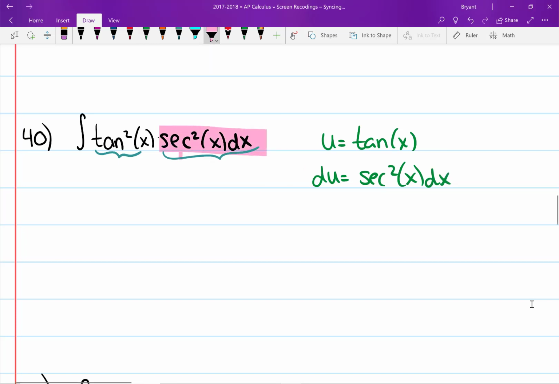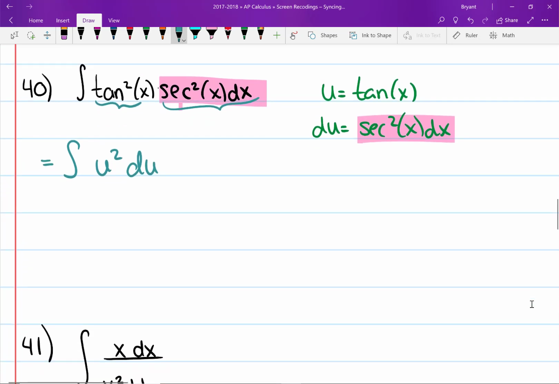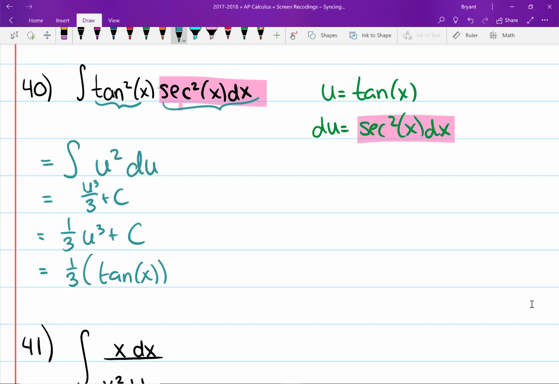Nice and easy, all nice and spaced out for me. So we get this is the integral of u squared du. I'm going to integrate that, and I'm going to get u cubed over 3 plus c. So this is equal to 1/3 u cubed plus c. So my final answer is 1/3 tangent of x cubed plus c.